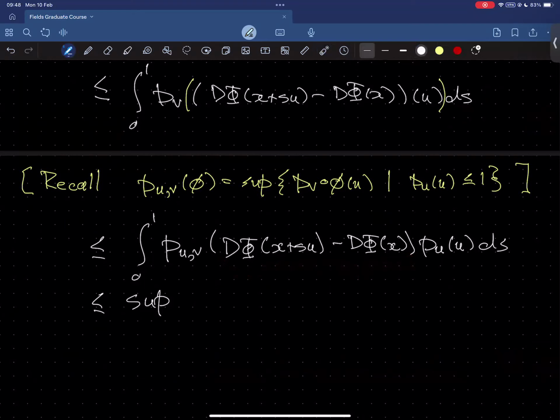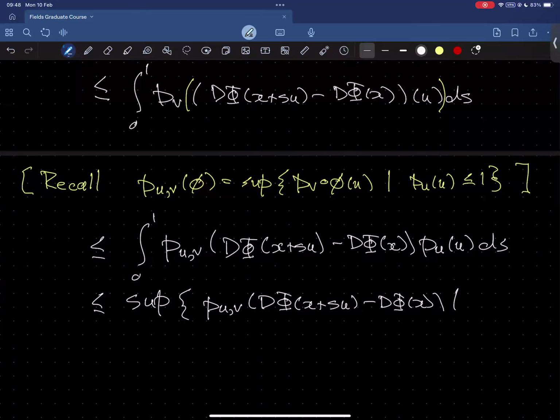I'm going to get the sup over s from 0 to 1 of the norm of d phi of x plus s u minus d phi of x, and then I multiply that all by p u of u again.